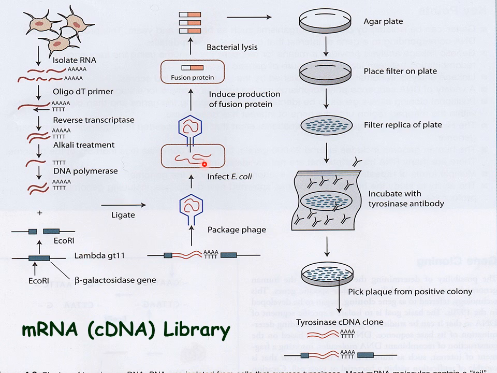And so you make all these different lambdas that way, and then you can infect the E. coli. And then again, you put it on a plate, and now you have all these colonies of E. coli that have lambdas in them that carry different proteins, and you just have to screen to find out which one you want.